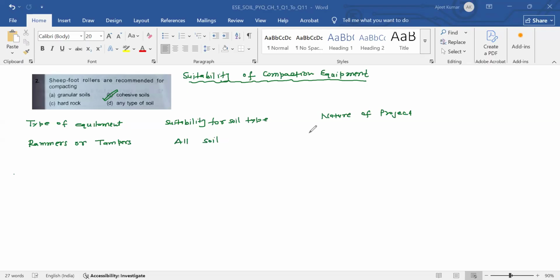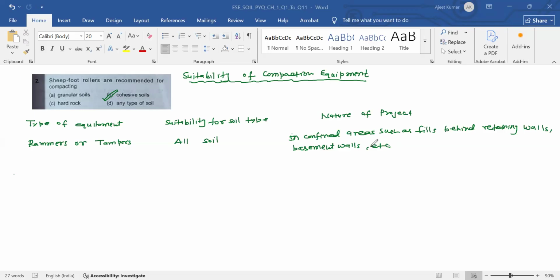And the nature of project in which rammers or tampers are used, that is in confined areas such as fields behind retaining walls, basement walls, etc.